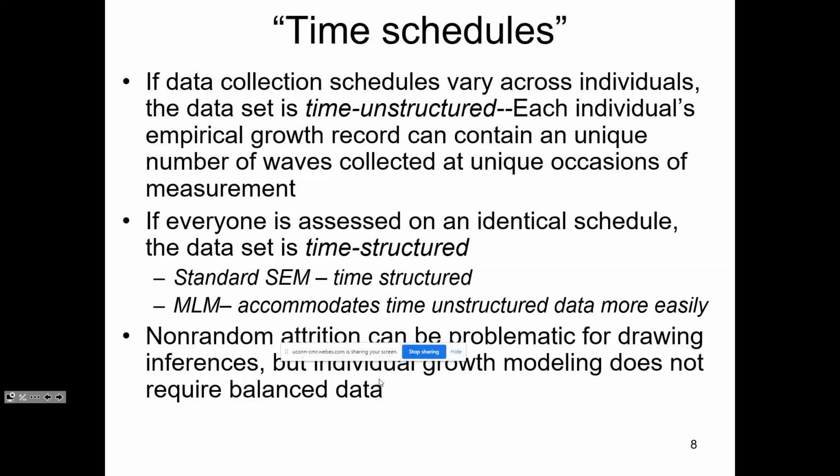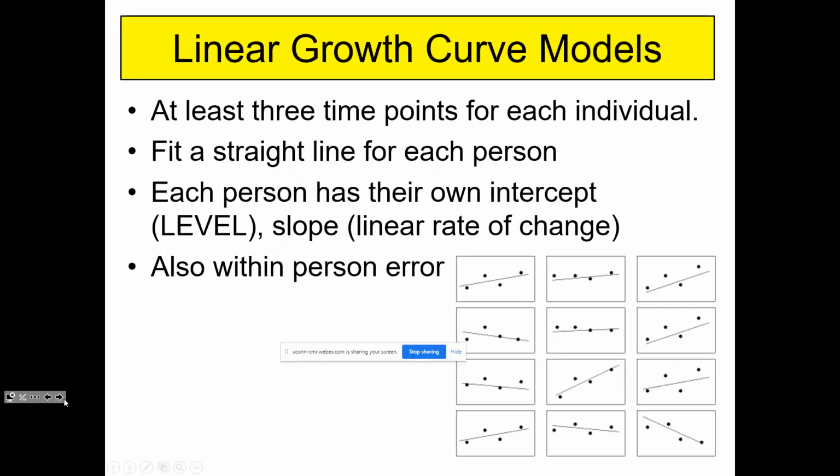Because if you do standard repeated measures ANOVA, anybody who's missing an observation at any time point ends up getting list-wise deleted. And then the only way to deal with that is to do some sort of multiple imputation. So that's a drag. But I don't think anybody uses repeated measures ANOVA anymore for growth. So that's probably a good thing.